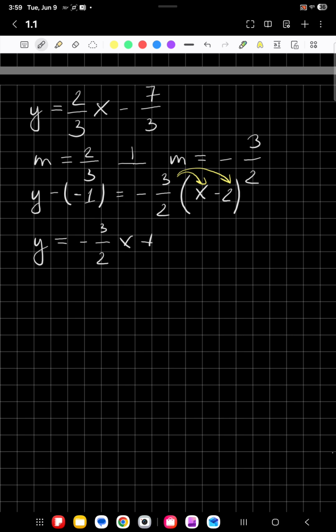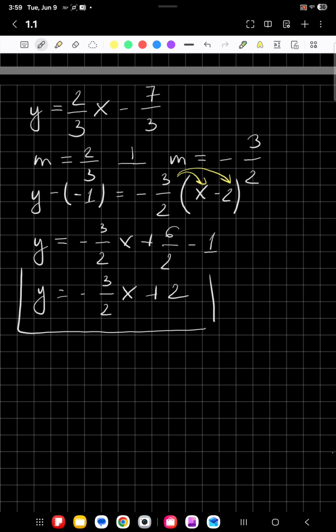I'm multiplying two negatives, so that'd be 6/2. So that's 3. See, I'm writing 3, saying 3, but it should be 2. And then, right, moving that +1 to the other side, so -1. So the final equation will be y equals -3/2 x plus 2. Right, so 3 minus 1, 2.